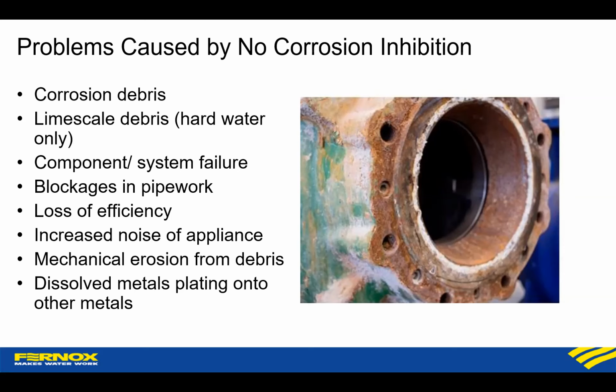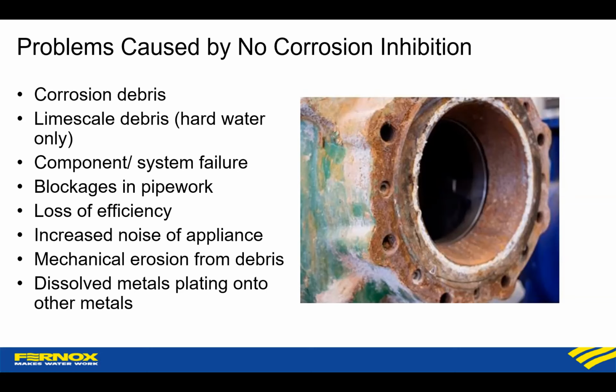Corrosion inhibitors normally contain a limescale inhibitor as well, certainly most of the premium ones will contain both. So if you protect against corrosion, you also protect against limescale formation.